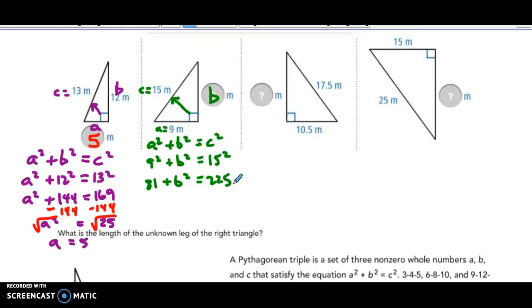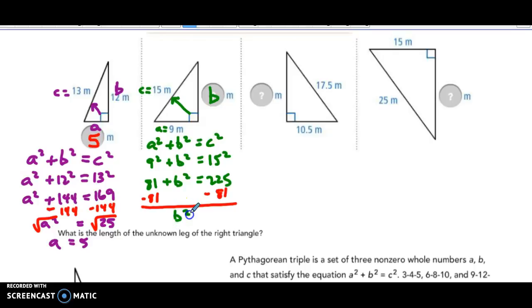So now I need to solve for B. So I need to get rid of the 81, and then I'll get rid of the exponent here. So to do that, I'm going to start by subtracting 81 from both sides. Remember, when it comes to equations, whatever we do to one side, we have to do to the other as well.